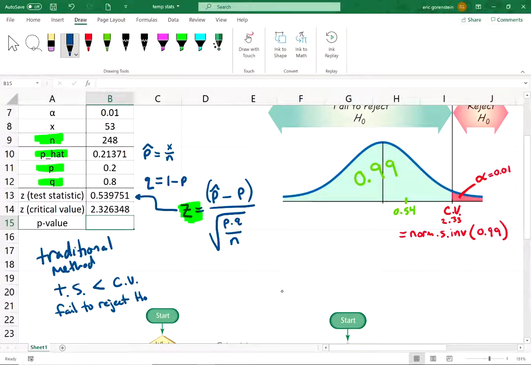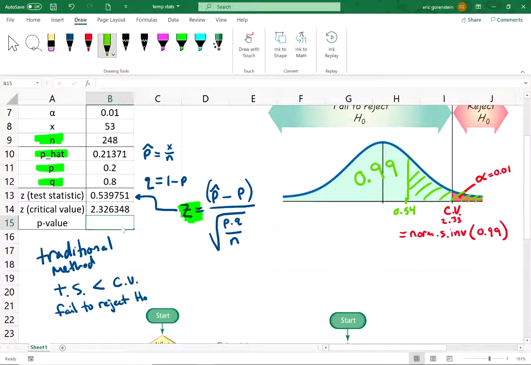Or we could use the p-value method. Now remember, the p-value is this area outside of the test statistic, that green area that I just shaded. And so the p-value, well, Excel can't give us directly the area to the right, only area to the left. So we use, again, the complement rule, which is the same exact one we used back in chapter 6.